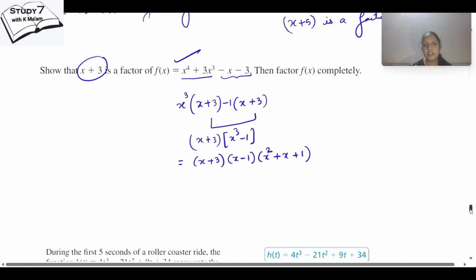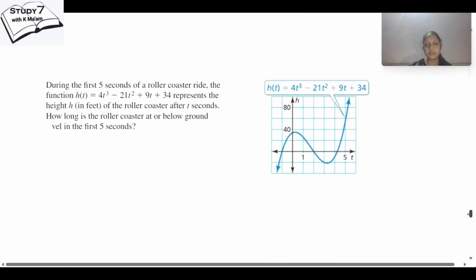Okay, next. During the first 5 seconds of a roller coaster ride, the function h(t) represents the height of the roller coaster after t seconds. How long is the roller coaster at or below ground level in the first 5 seconds? So we have to check ground level in the first 5 seconds.